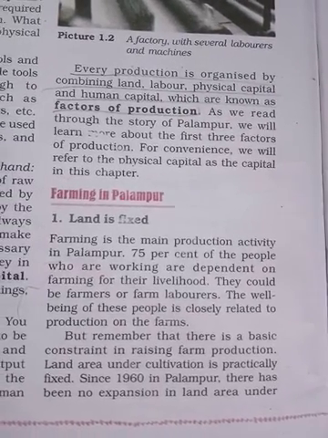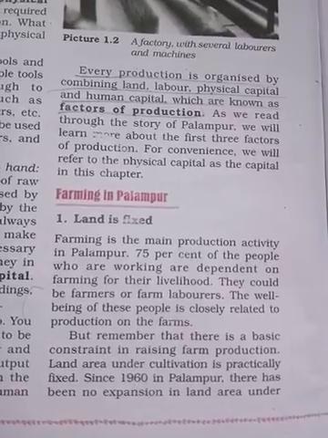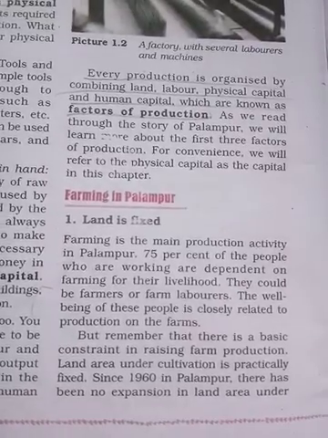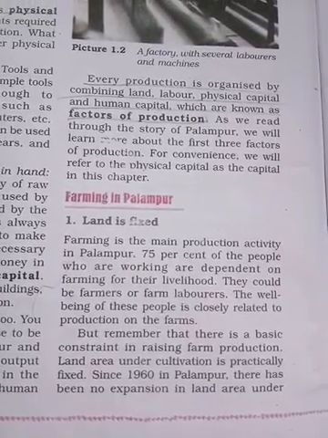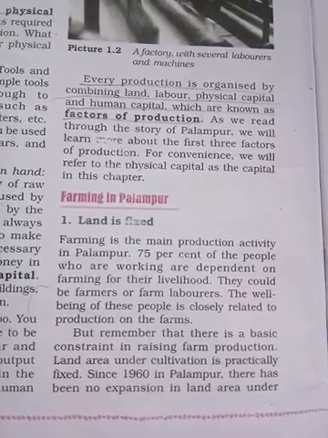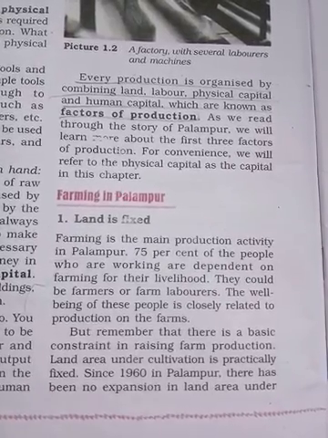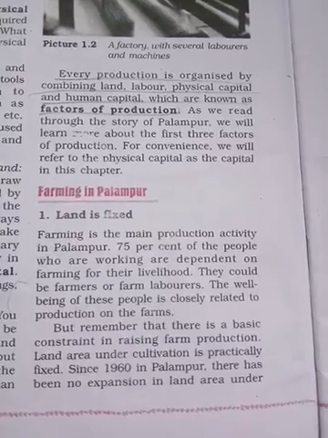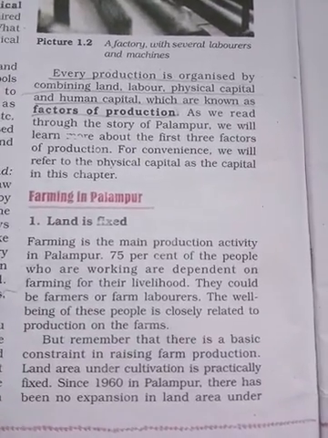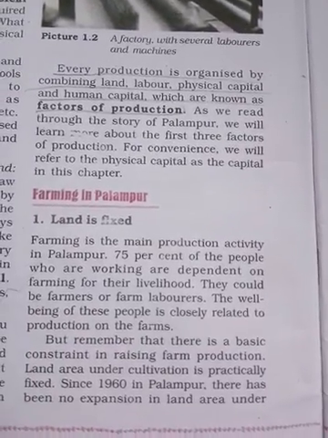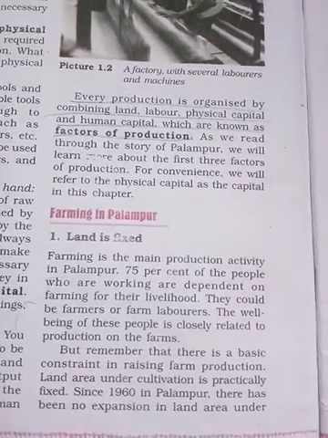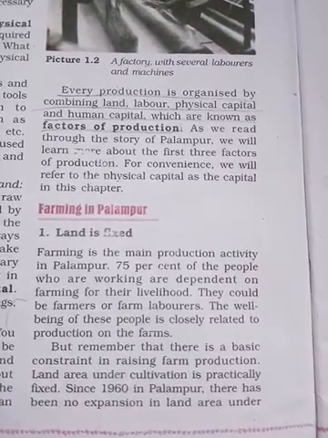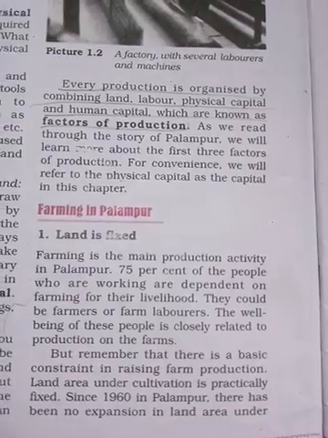That means 75% of the population is doing agriculture. They could be farmers or farm laborers. The well-being of these people is closely related to the production of the farm. They depend on their production, and by selling their products they live.